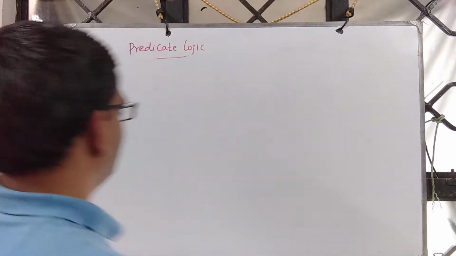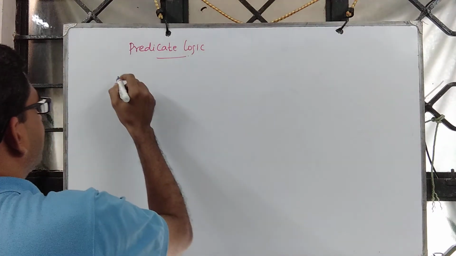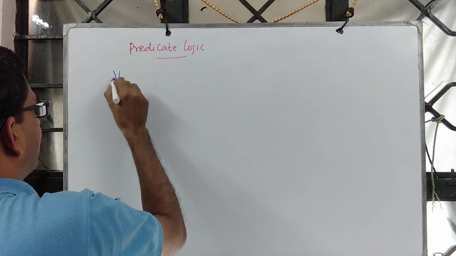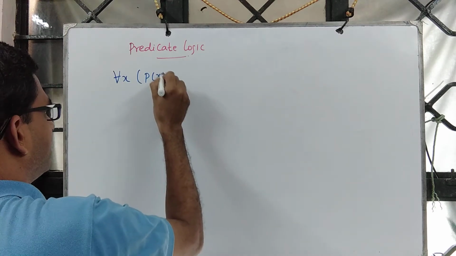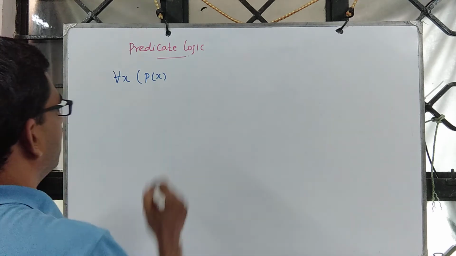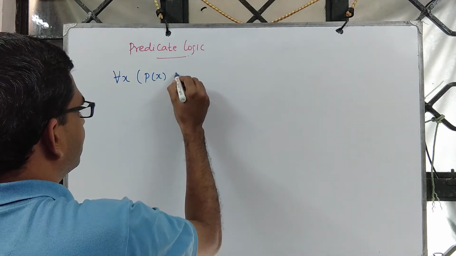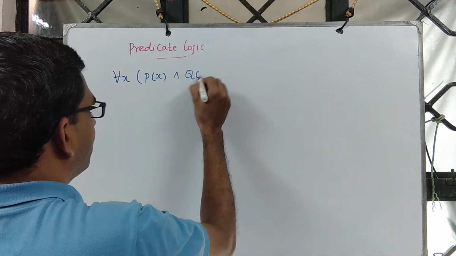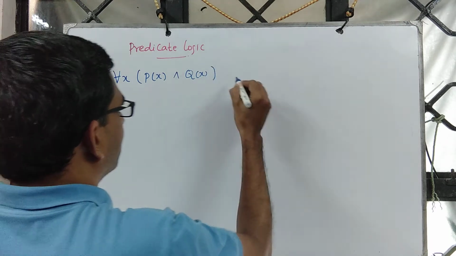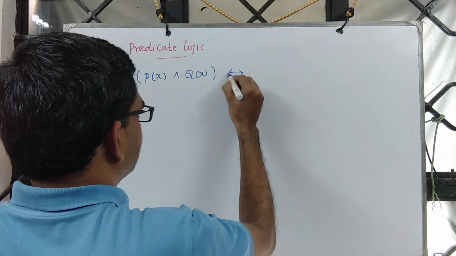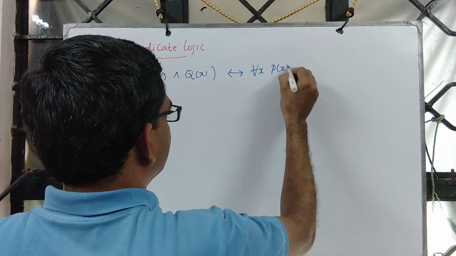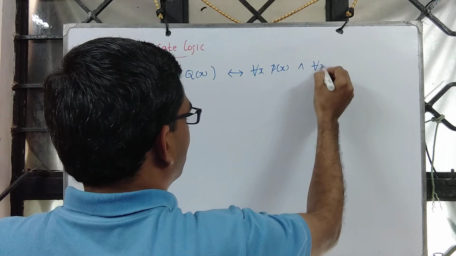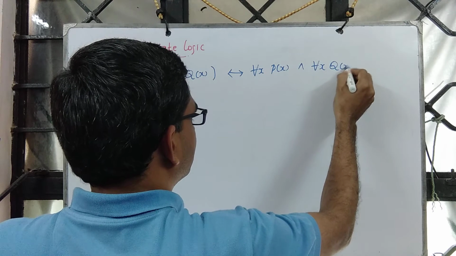Let us look at the following logical expressions and check whether they are equivalent, or check the validity of these logical expressions. For all x, p of x and q of x, is this the same as for all x, p of x and for all x, q of x?